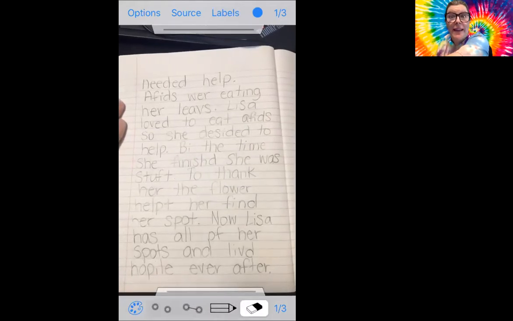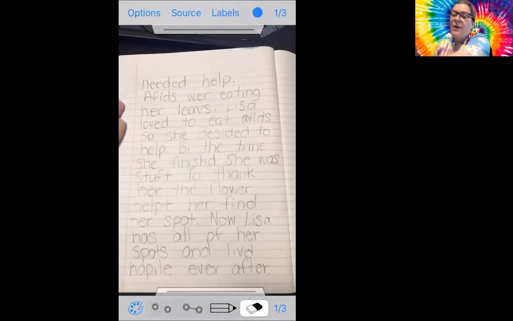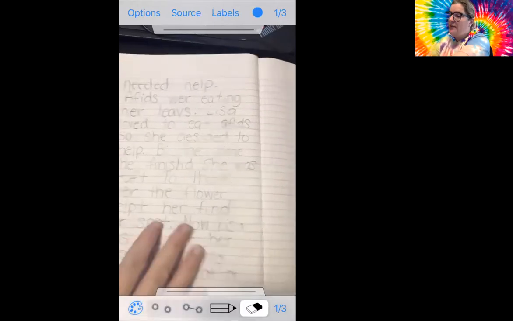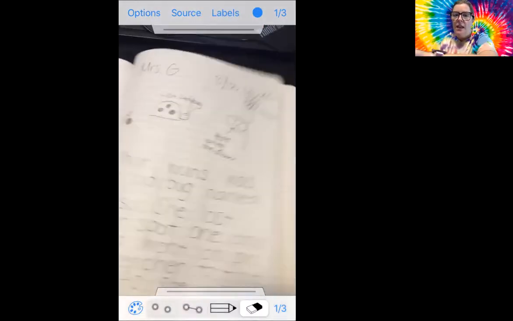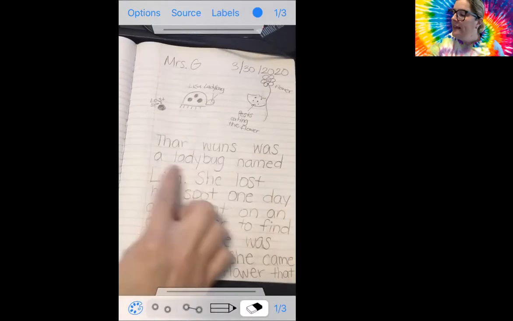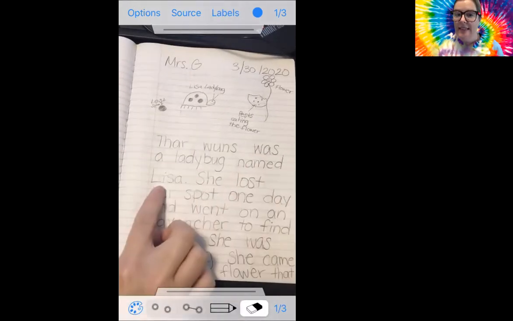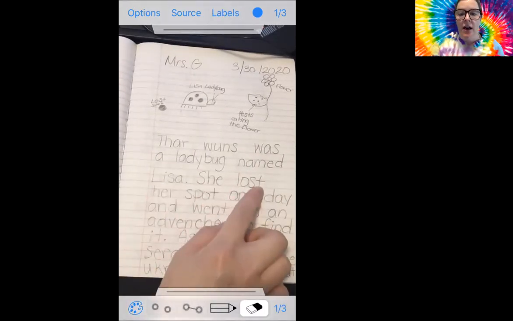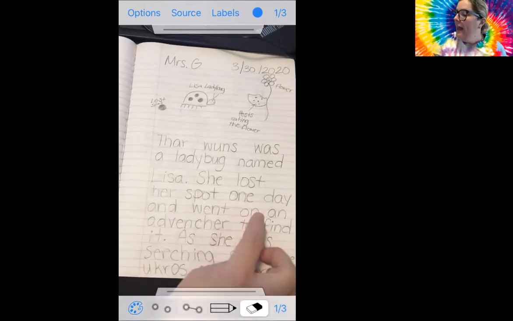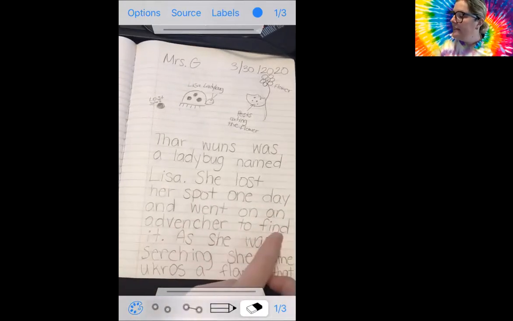Let's reread our writing, okay, friends? That was a lot of writing today. A lot of times fiction stories take a long time to write because there's so many things that happen. So let's reread my writing today, okay? There once was a ladybug named Lisa. She lost her spot one day and went on an adventure to find it.